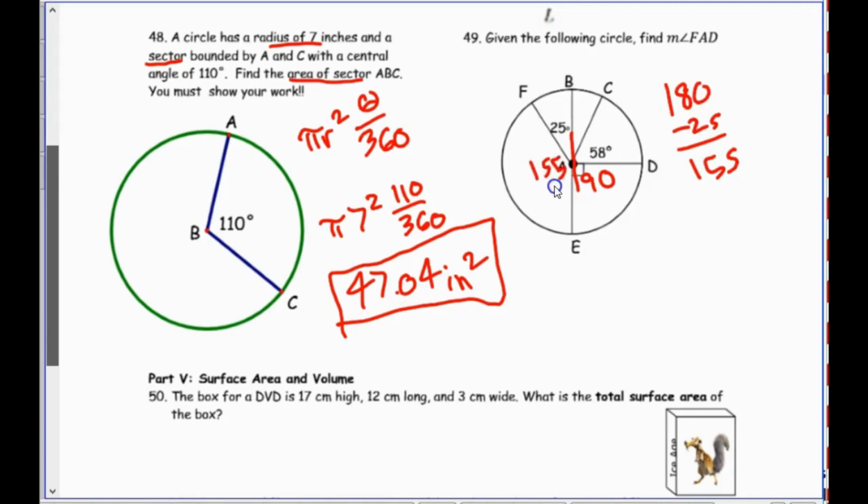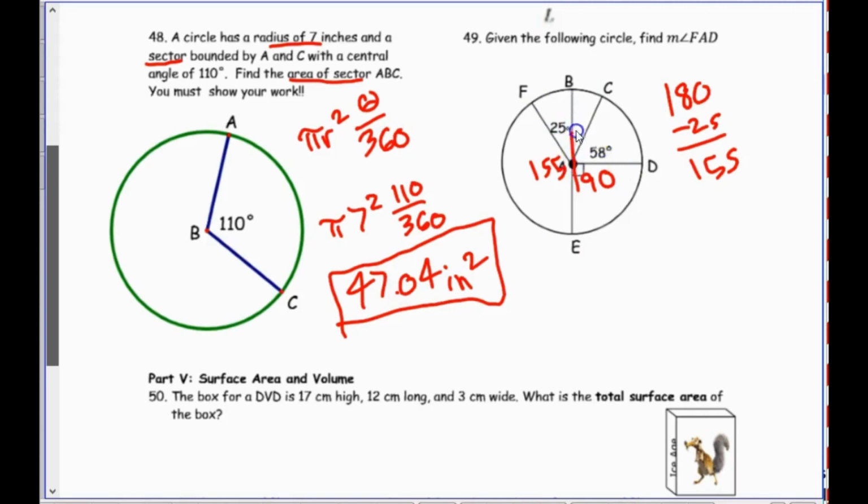So if this is 155 and this is 90, FAD, there is no A, so we're going to call this A. Oh, no, FAD is right here, the central angle. So FAD, we're looking for this angle right here.